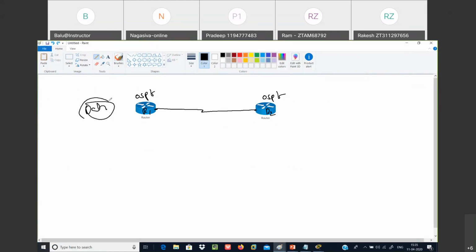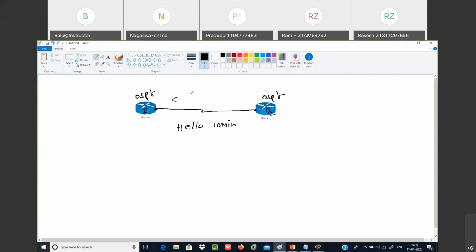Before exchanging database information, R1 will come to know whether R2 is active or not. It is going to form the neighbor by exchanging hello packets. So the first packet in OSPF is the hello packet. This hello packet mechanism is sent at regular intervals to maintain the neighbor, a keepalive mechanism.